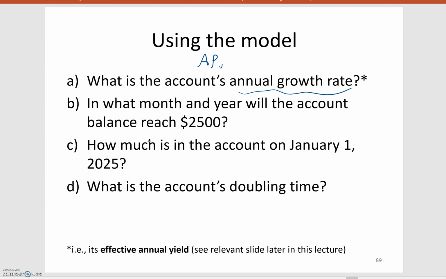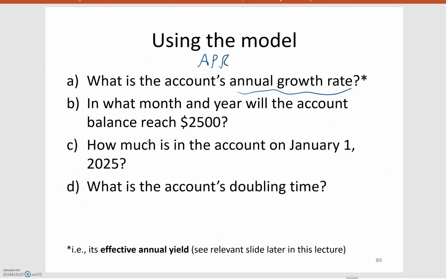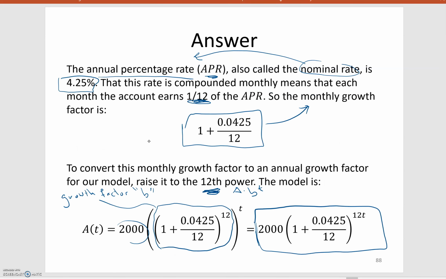So the APR is that 4.25%, right? The annual growth rate, how do we get that? Well, we need to go to our model, and we get the factor, which is this.